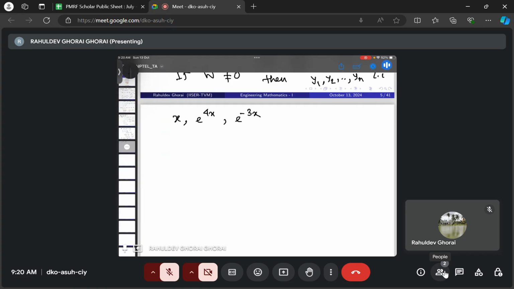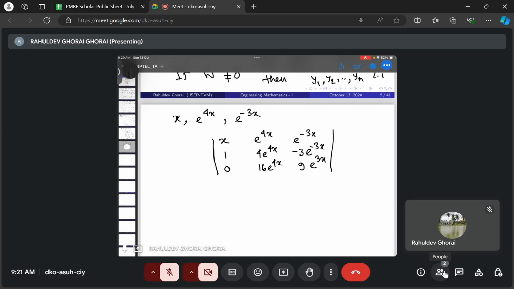For that, you take the first function x, then e to the 4x, and e to the minus 3x. The derivative of x is 1, the second derivative is 0. The first derivative of e to the 4x is 4 e to the power 4x, the second derivative is 16 e to the power 4x. The first derivative of e to the power minus 3x is minus 3 times e to the power minus 3x, and the second is 9 times e to the power minus 3x.